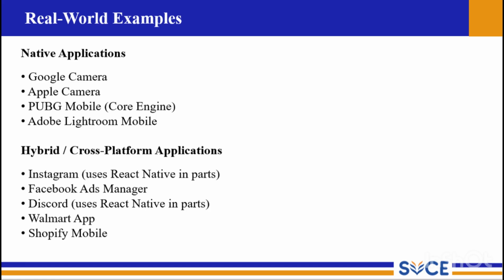On the other hand, many companies use React Native or similar cross platform frameworks for business applications where rapid development and code sharing are important. This allows organizations to deliver applications on multiple platforms while controlling development cost.